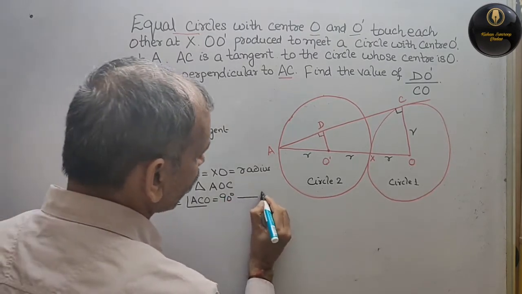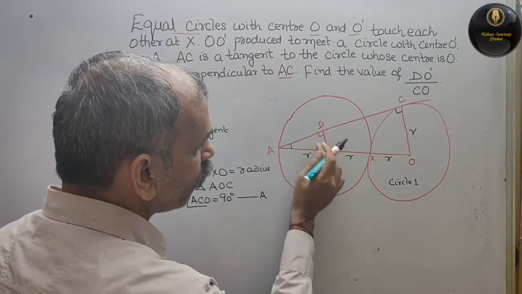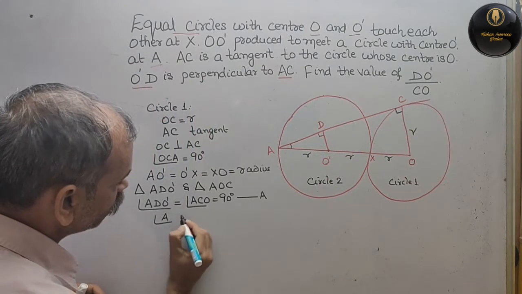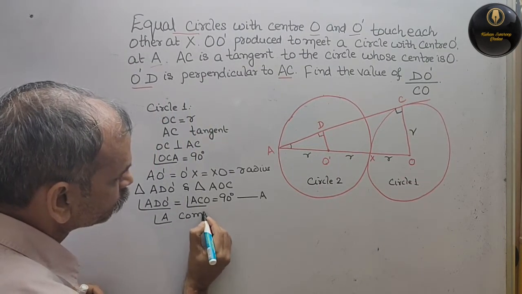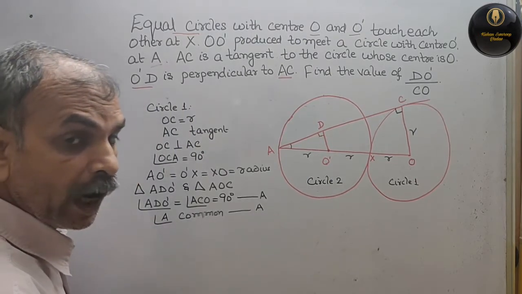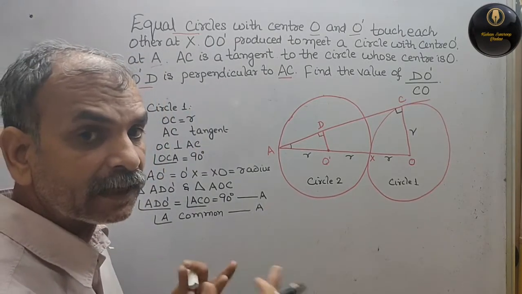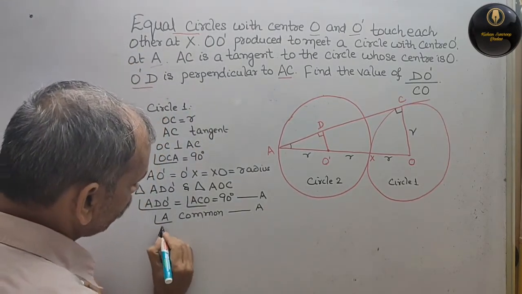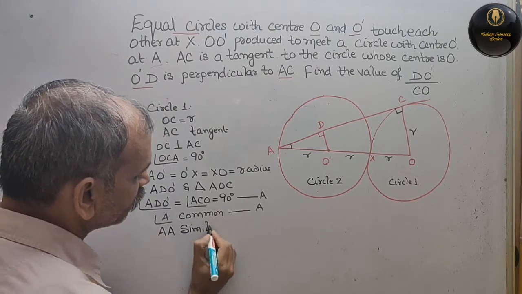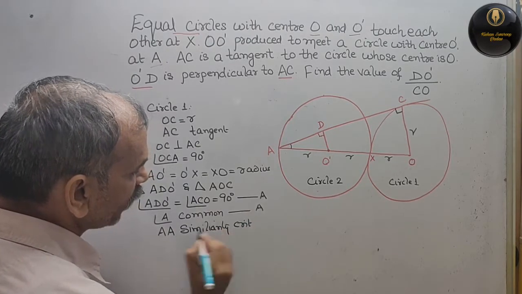So this is your angle. And you can see angle A is common in this and big triangle. Angle A is equal to angle A, common. तो अगेन, now we can say by AA similarity criterion they are similar.